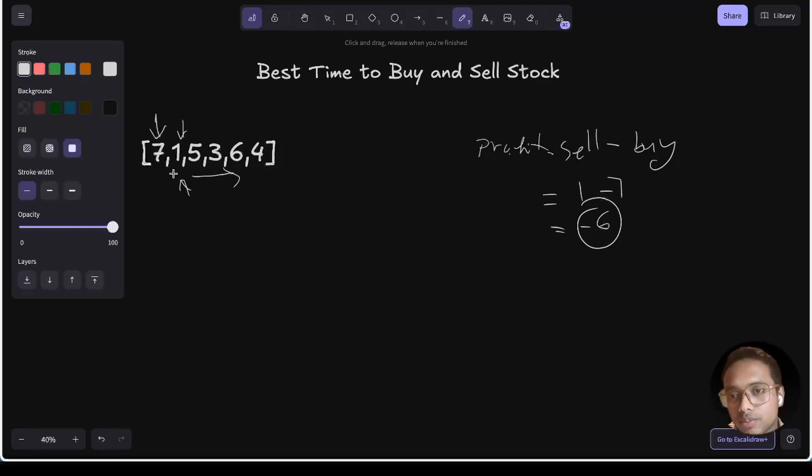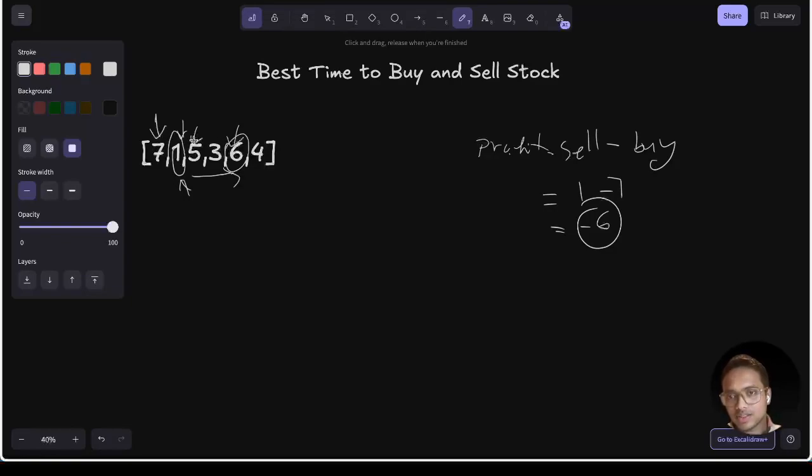For example, if you buy your stock at 1 and sell at 5, your profit will be 5 minus 1, which is 4. If you sell your stock at 6, your profit will be 5, and this is the maximum. How can we solve this problem?